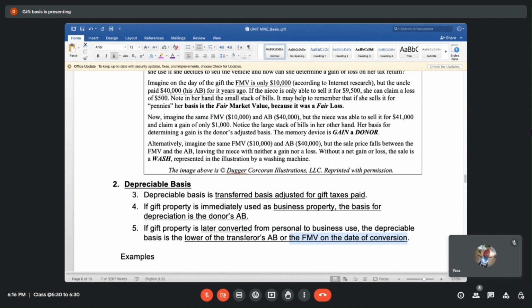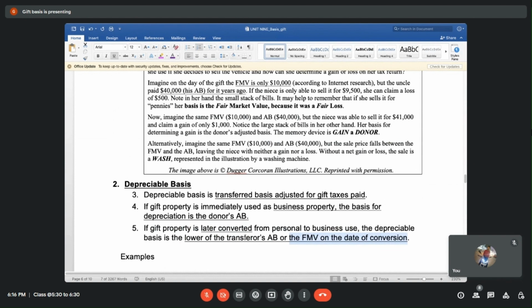I completely understand it could be a bit confusing because we don't even do that on a daily basis. Whenever there is a gift tax issue or the person is selling a gifted property, which is very commonly seen, a lot of our clients come and say, oh, my parents, because our parents are getting old, this is a very commonly done strategy.